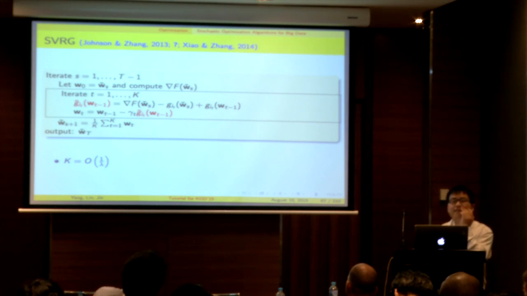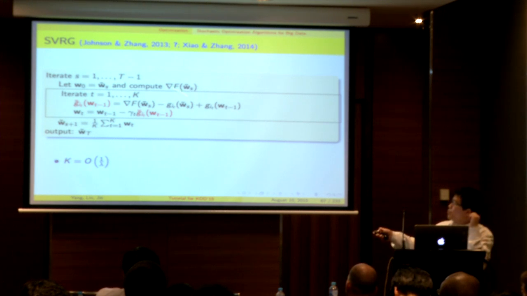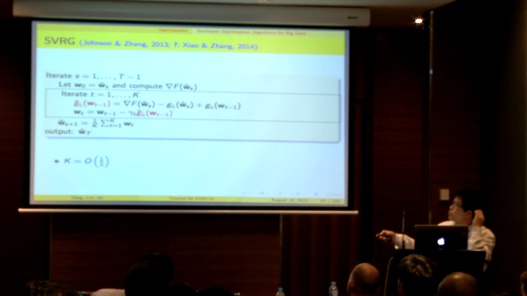So this SVRG is actually a little more complicated. It's a so-called inner loop, outer loop optimization. In each outer loop, we calculate a reference point called W tilde S. And we calculate this variance-reduced gradient using the full gradient at W tilde S. We know this gradient has a nicer property than the regular stochastic gradient, and we run this step.